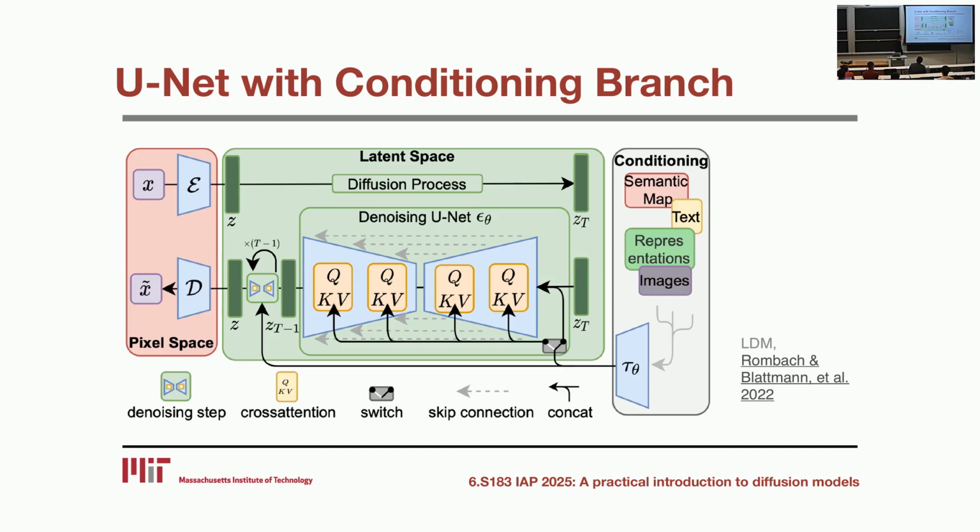Okay, and here is a picture of how people do conditioning in practice. This is called UNet. This is quite widely used, and in diffusion, this is a specific design for diffusion UNet. You feed your conditioning into the denoising UNet at different levels. This architecture is specifically designed for images.